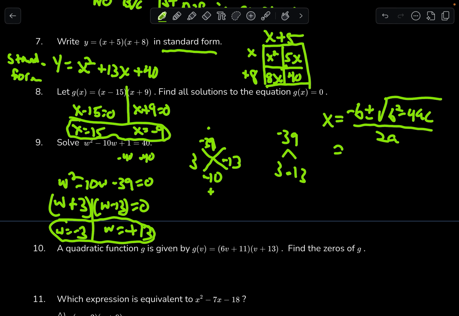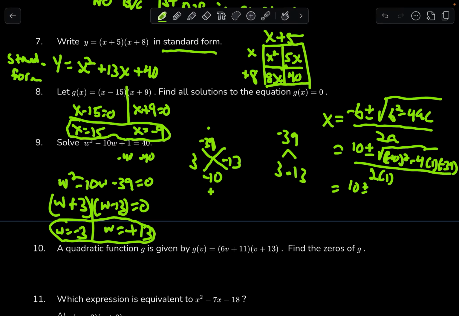You could also have done it this way, where b was negative 10, so the opposite of negative 10 is 10 plus or minus the square root of negative 10 squared, which doesn't really matter because it's squared, the negative sign goes bye-bye, minus 4 times a of 1 times c of an ugly negative 39. Okay, all over 2 times 1. So this equals 10 plus or minus.